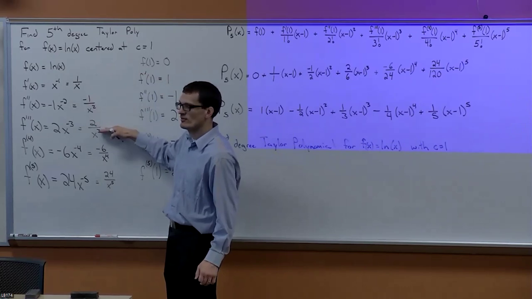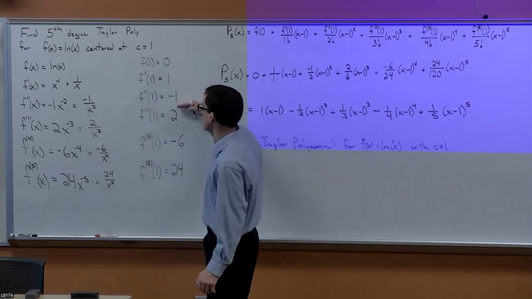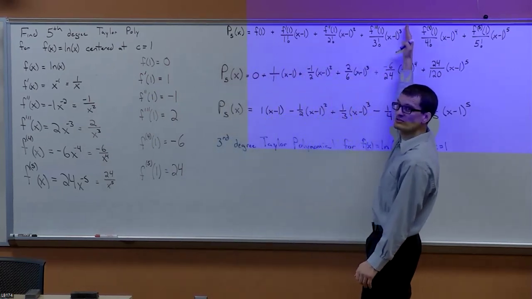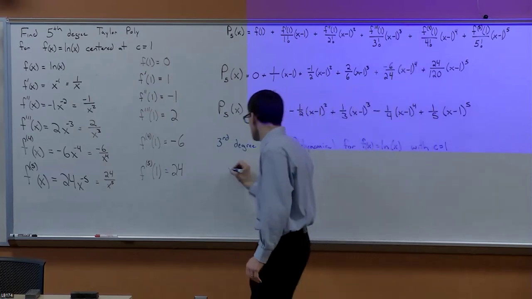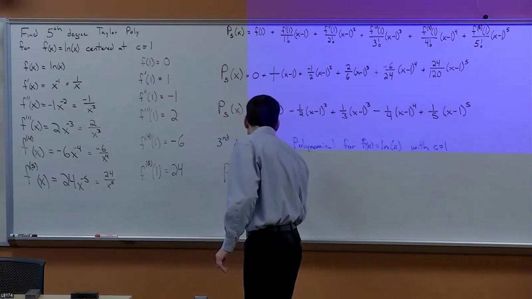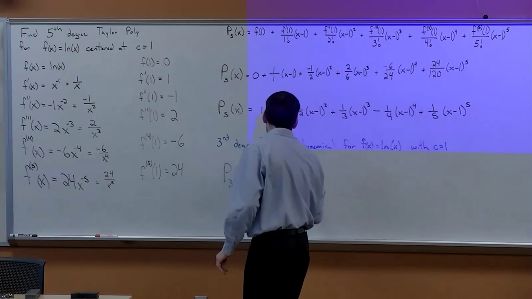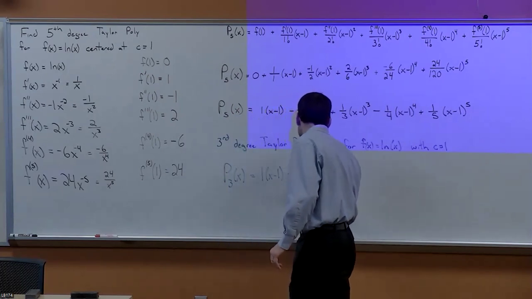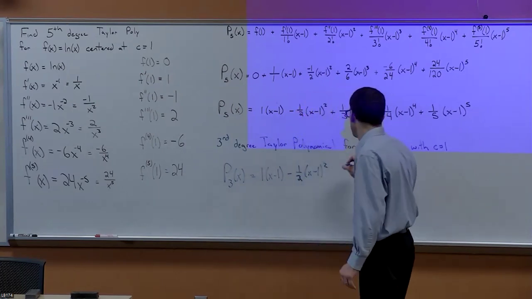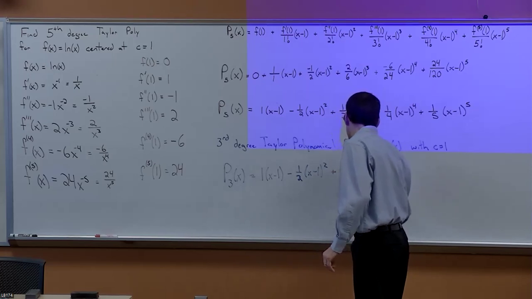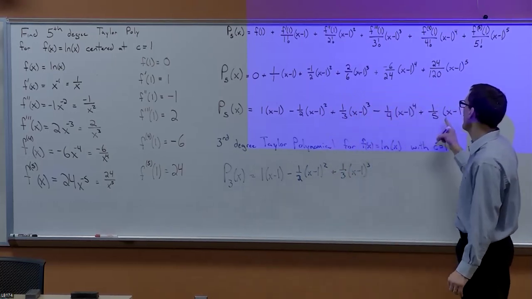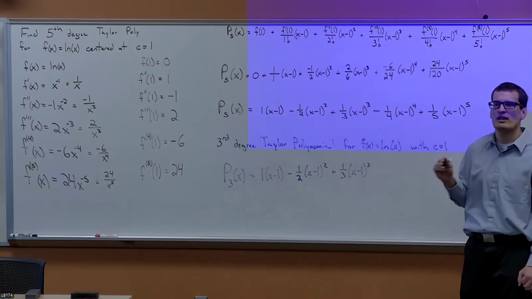The first 3 derivatives I would have had to figure out. Then I would have plugged in 1. And then I would have only gone out to this much. And so the 3rd degree Taylor polynomial would essentially be the exact same thing as my 5th degree, but with the 4th and 5th power terms lopped off.